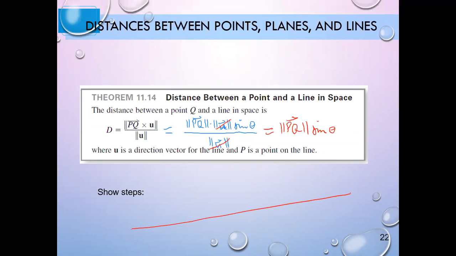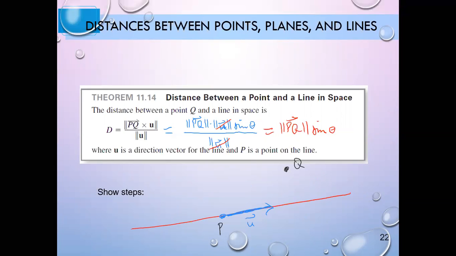Okay, so there's my line. Here's my direction vector U. Here's my point P right here. And what I'm saying is I want some kind of point Q. I want its distance from this line.